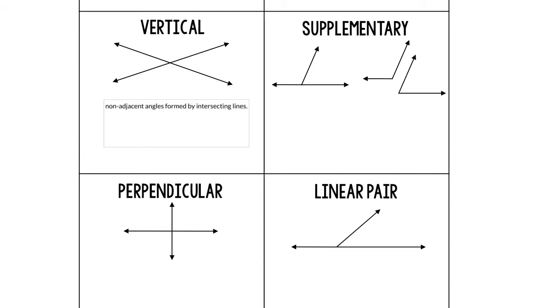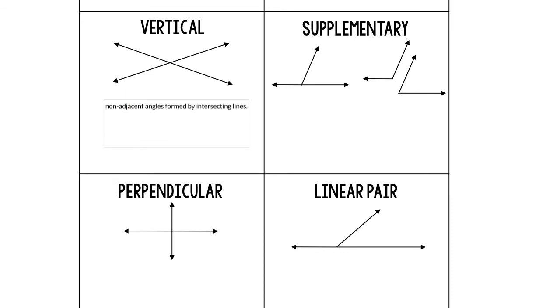So in our example here, we've got two intersecting lines. These angles, we're looking at this angle and this angle, they do not share a common ray. This angle is those two rays. This angle is the other two rays. So this is formed by intersecting lines.